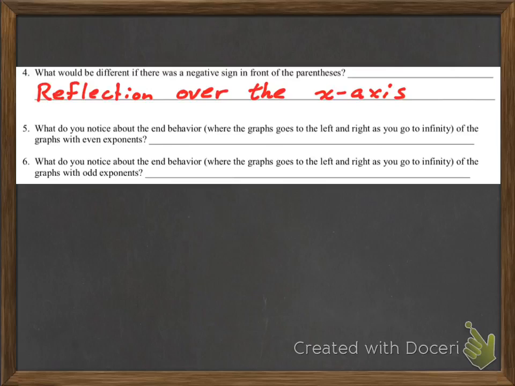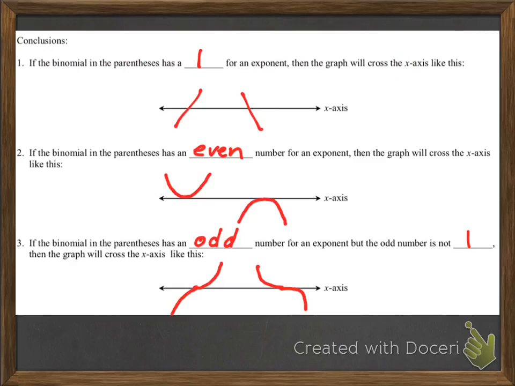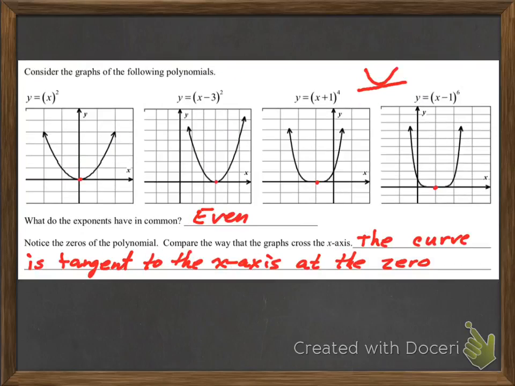So what do we notice about the end behavior? Okay, the end behavior of the graphs with the even exponents. Let's go back to the even graphs. Here we had some graphs that all had even exponents. End behavior means what happens as the graph moves to the left and as the graph moves to the right.